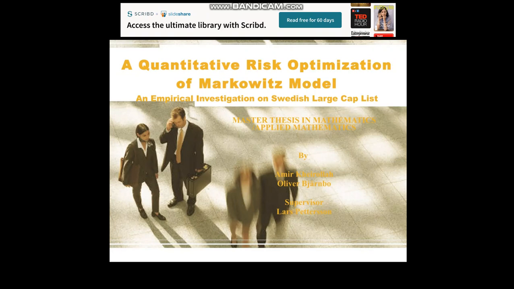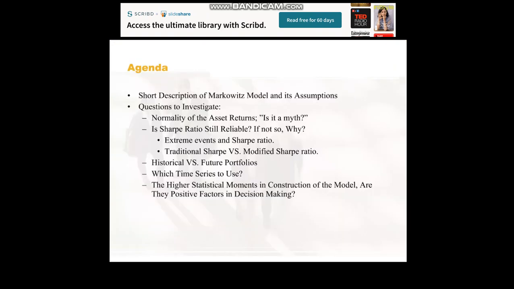Today, our topic is a quantitative risk optimization of the Markowitz model. Agenda: short description of the Markowitz model and its assumptions, questions to investigate, normality of the asset returns, is it a myth? Is the Sharpe ratio still reliable? If not, why?